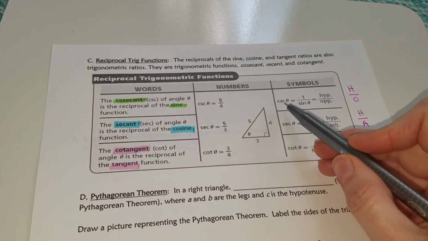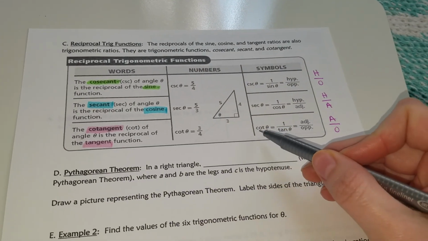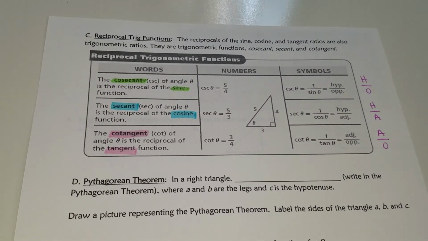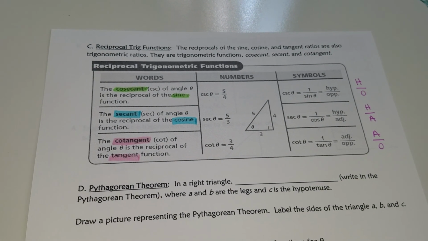You can also look here. So the cosecant is 1 over the sine. Secant is 1 over the cosine. Cotangent is 1 over the tangent. And what ends up happening is those are going to flip.